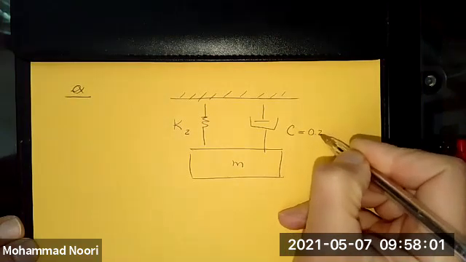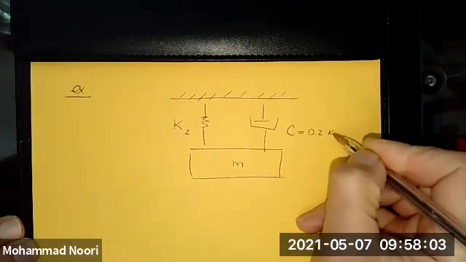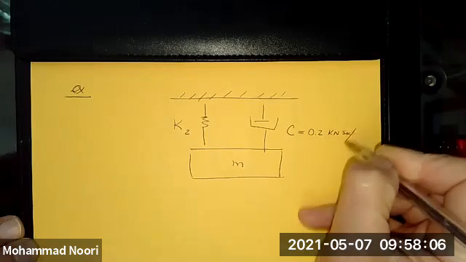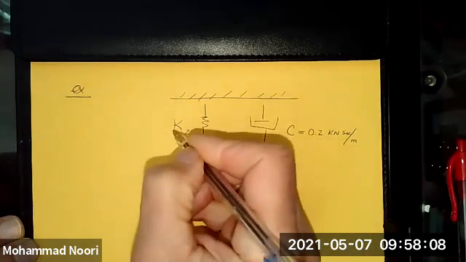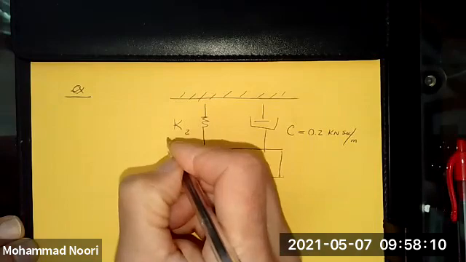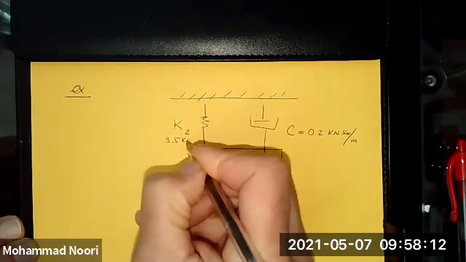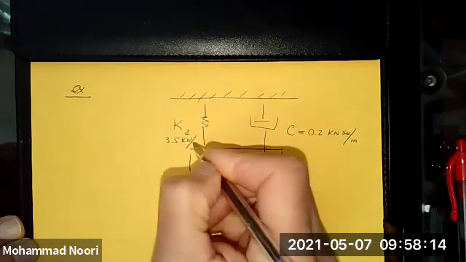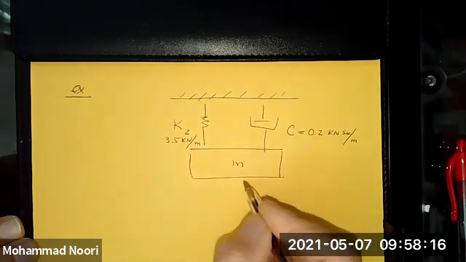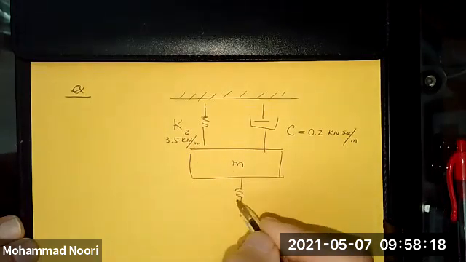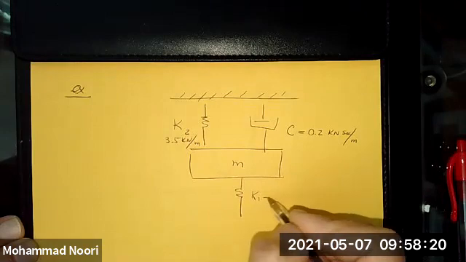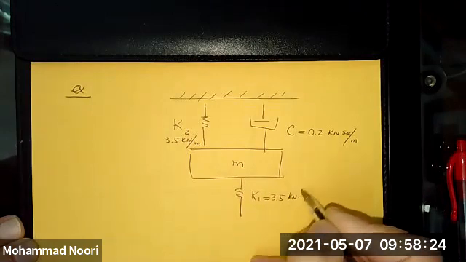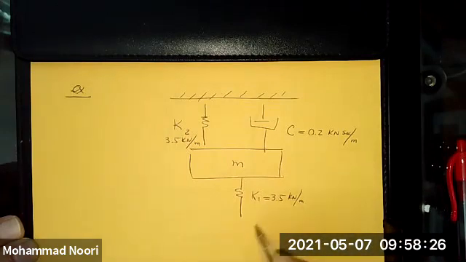Let's say this is 0.2 kilonewton second per meter. K2 is 3.5 kilonewton per meter. And another stiffness element here, K1, which is also the same, 3.5 kilonewton per meter.